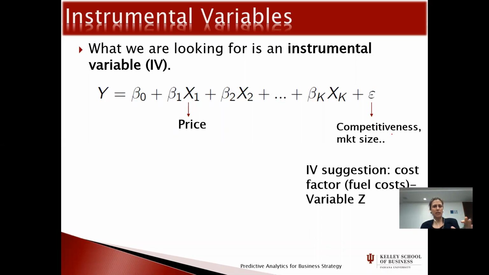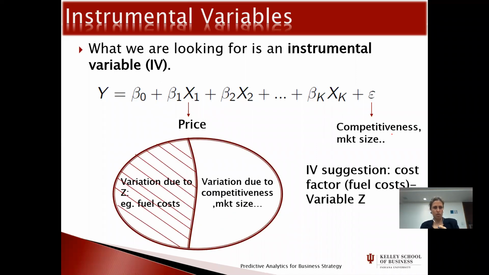So let me see if I can draw this for you, because I think this diagram facilitates the visualization. Price moves because of many things, right? Price is going to move because competitiveness is moving, and that's something we don't like. That's something I'm going to call a bad variation.